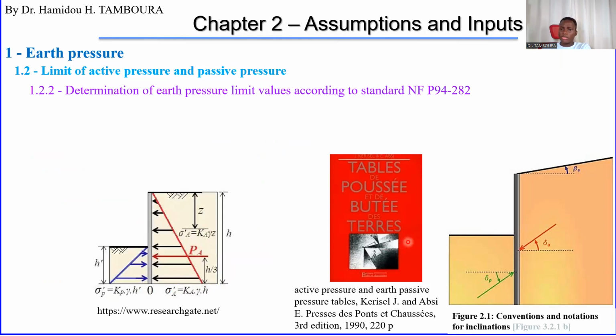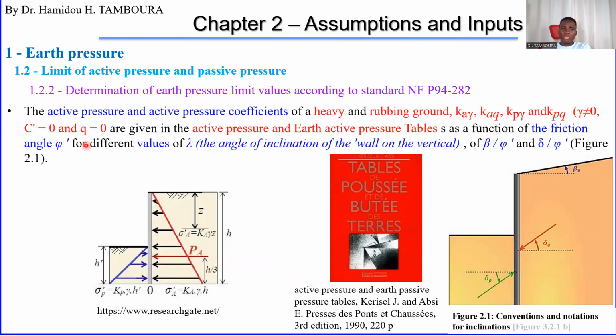I will just keep this here. So the active and passive pressure, actually this one should be passive, active and passive pressure. Okay, sorry, I have corrected it here.